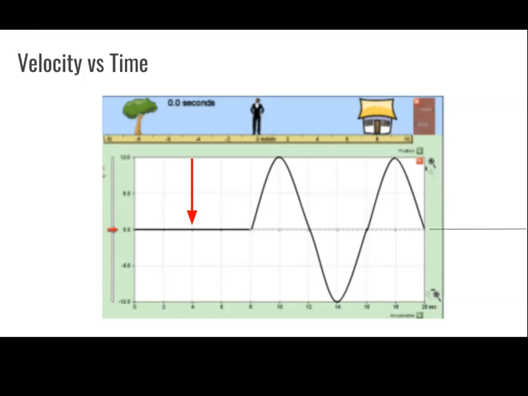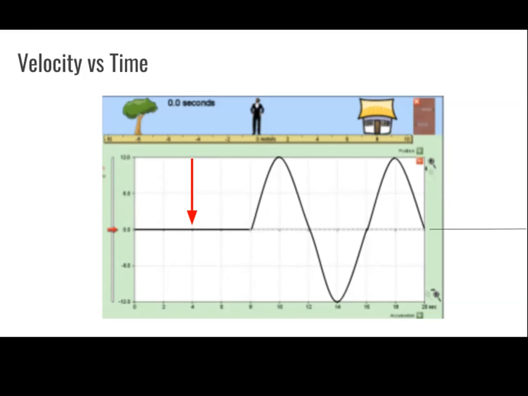What's happening to this object here? Brianna, what's this red line telling us? It's telling us that it's going at a constant speed. Perfect, right? Because now it's velocity. Straight line means it's going at a constant speed.